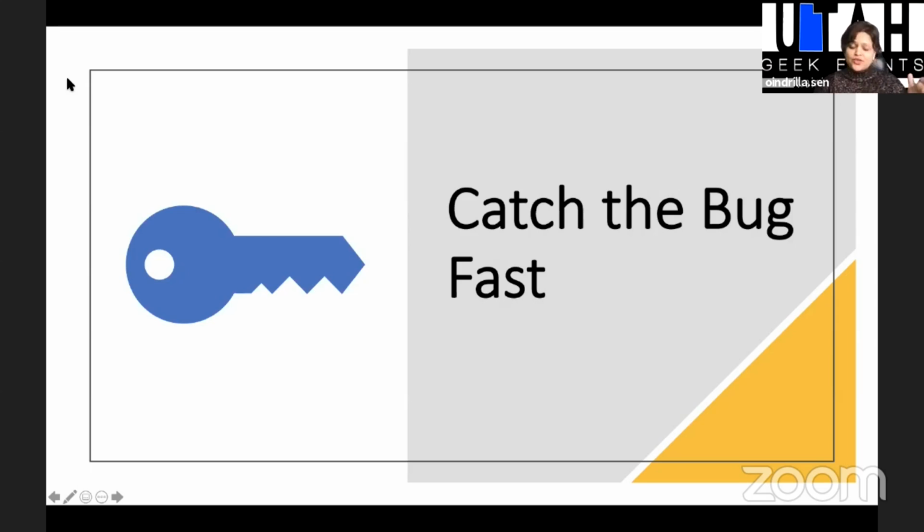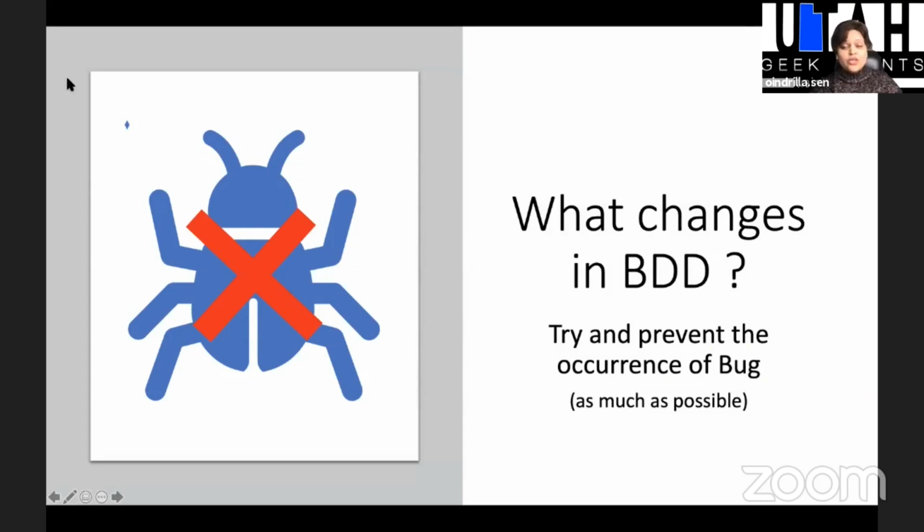Having this deployed into production is not only catastrophic, but also puts a question mark on the team, reputation, company, and the confidence of the customer, and all that kind of thing. So, moving away from catching the bug fast, what we need to incorporate in our development is to try and prevent the occurrence of bugs.